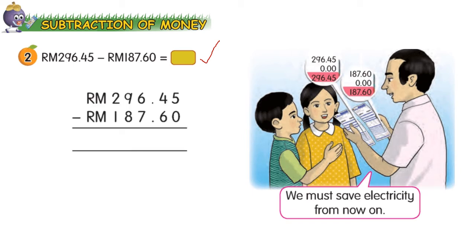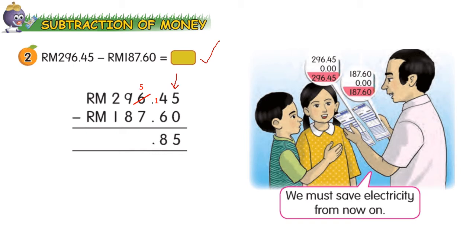By using the standard method, again start from the number at the most right. So 5 minus 0, 5. 4 minus 6, 4 is smaller than 6. Borrow from 6. Now 4 will become 14. 14 minus 6 is 8. Again, be careful the decimal.